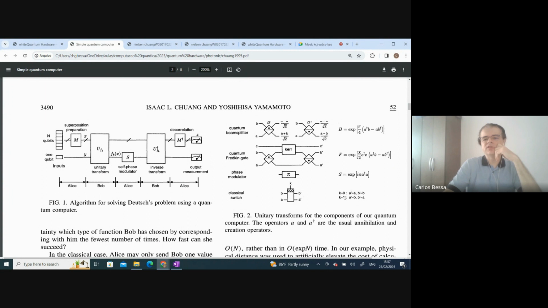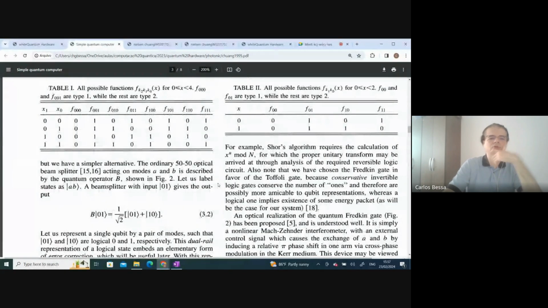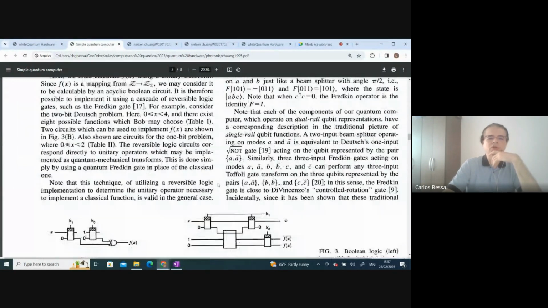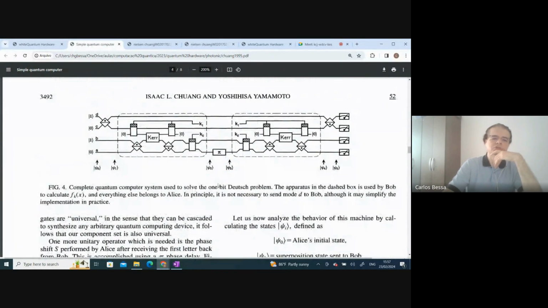And when k is equal to 1, it switches a and b here. So it's on. And here he proposed the physical circuit. Here's the discussion about the algorithm, and the quantum circuit is something similar to this one.